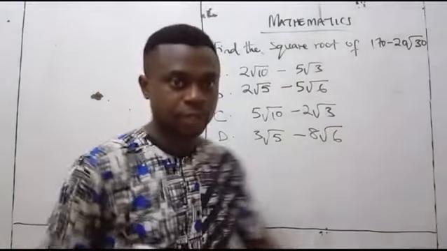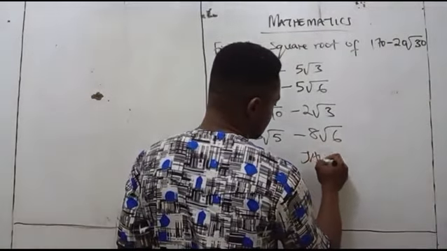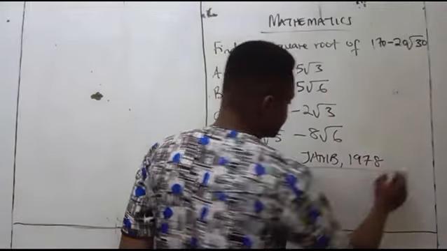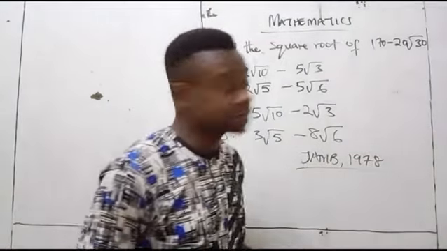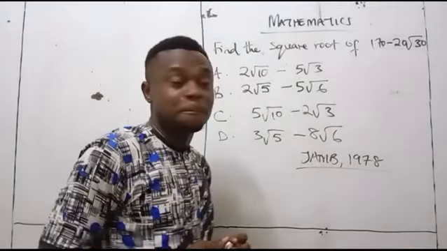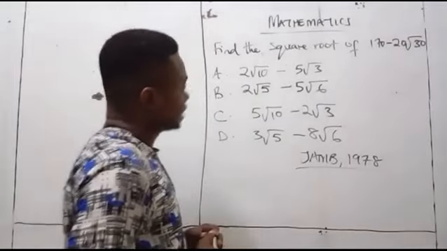Okay. The question says, this is JAMB 1978. Find the square root of 170 minus 20 root 30.